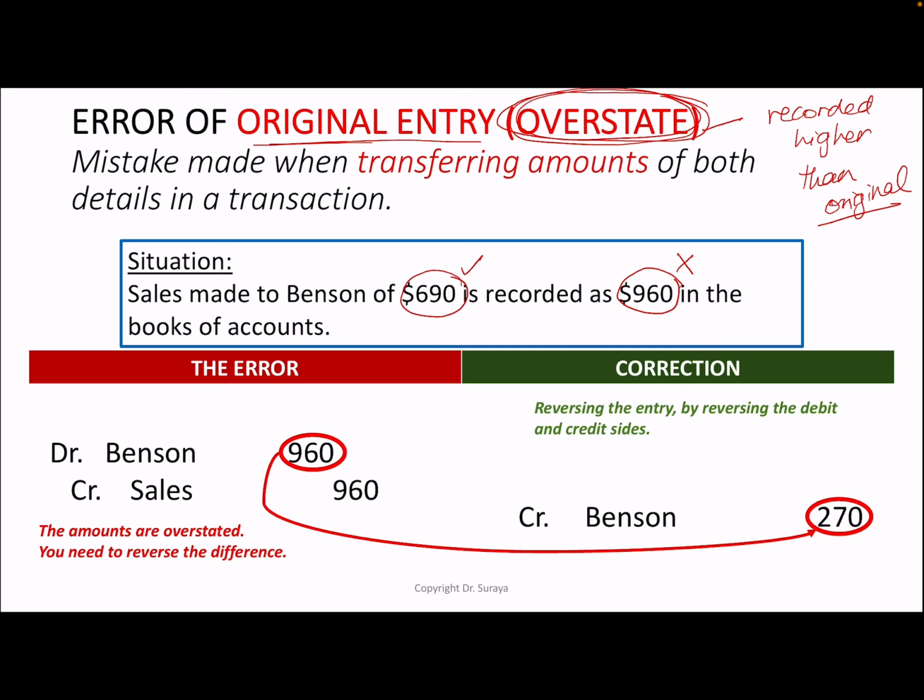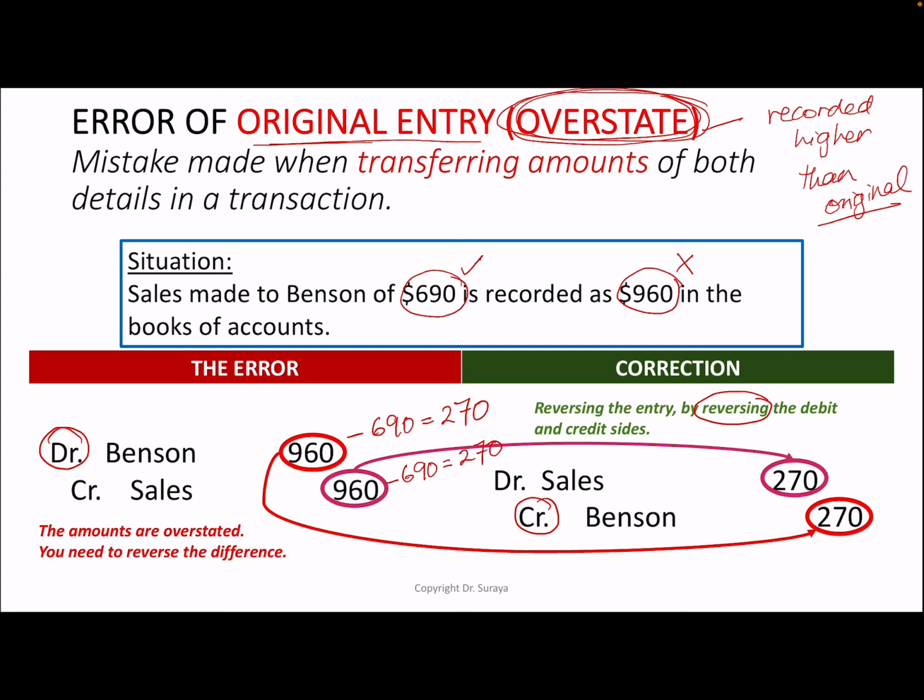Reversing the entry. So 960, you need to minus 690 and you get 270, and this 270 needs to be reversed. Alright, likewise, credit side as well, there is 270. When you need to reverse, the debit becomes credit, and the credit will become debit.